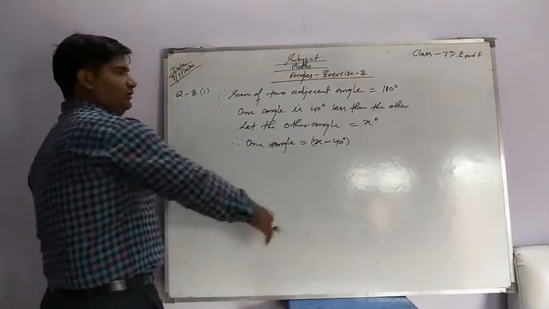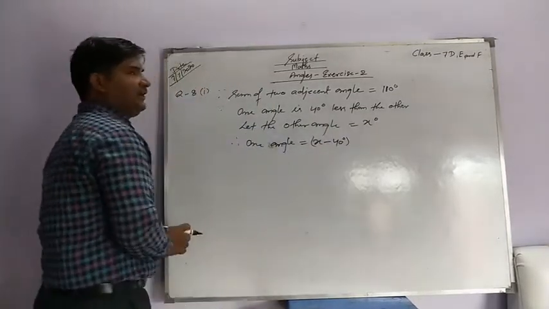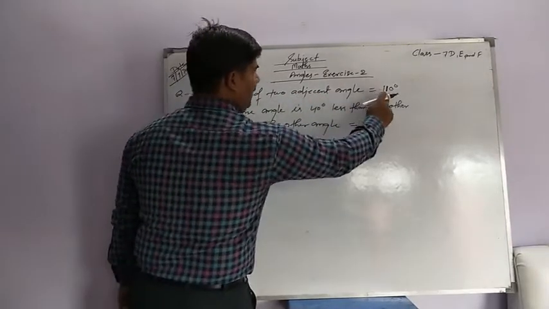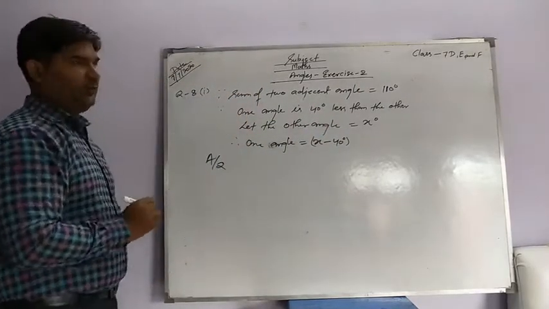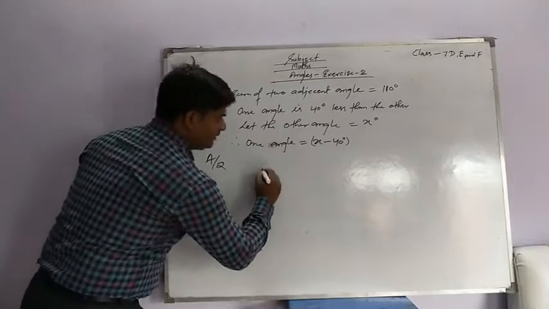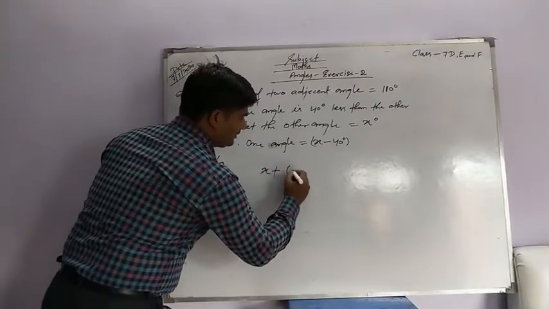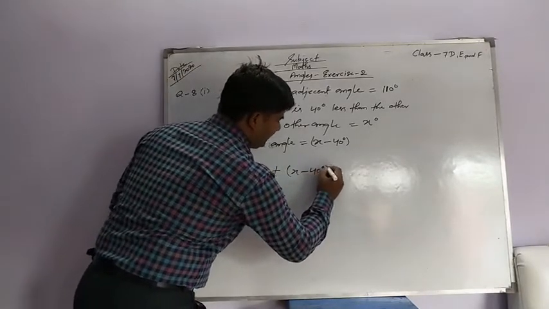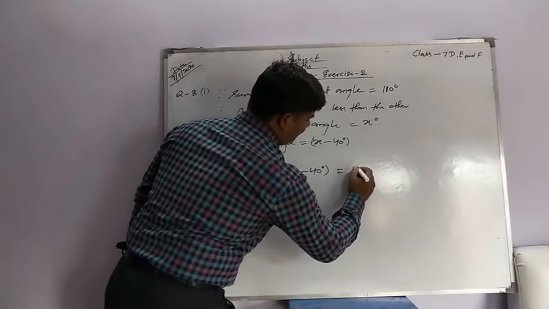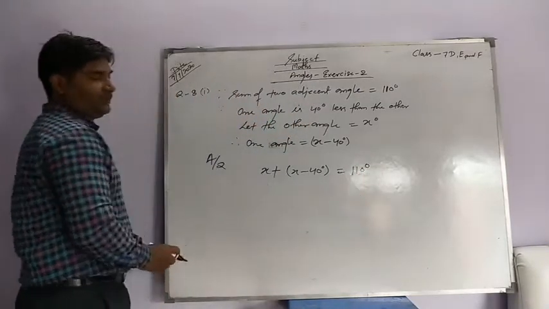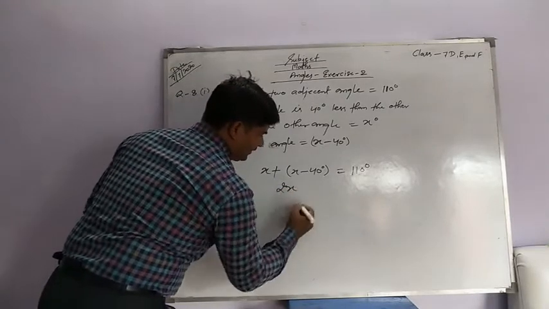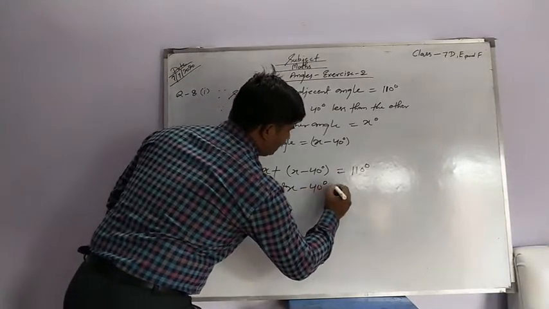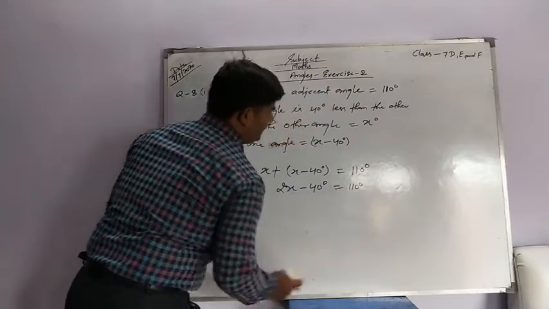These two angles are adjacent angles and their sum is 110 degrees. So according to the question, we have to add them: x plus x minus 40 degrees is equal to 110 degrees. Now x plus x is 2x, so we can write 2x minus 40 degrees is equal to 110 degrees.